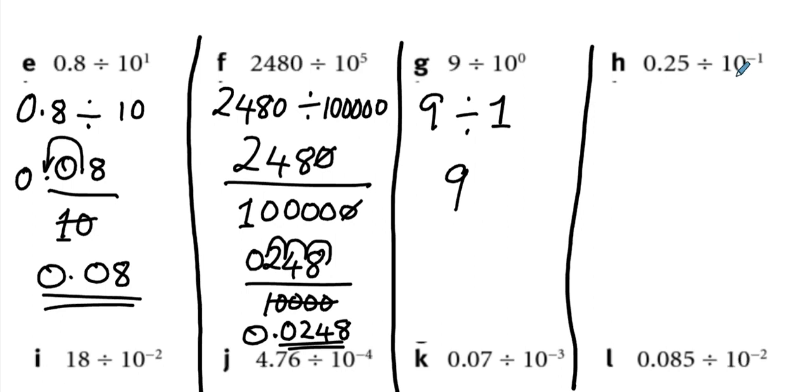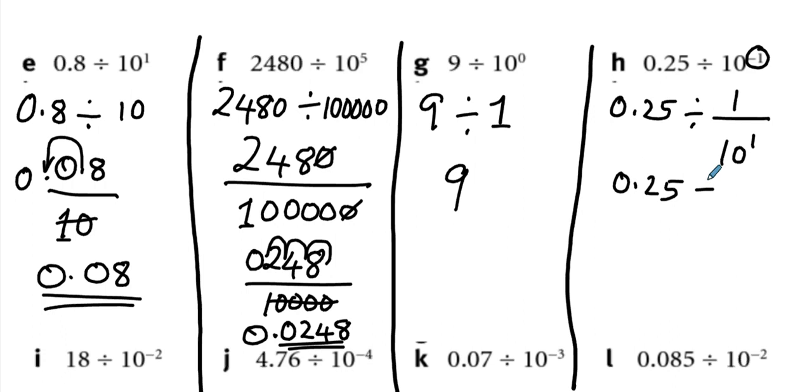All right, how about 10 power negative 1? We have 0.25 divided by 10 power negative 1. If you have a negative power, you do the reciprocal. This will be 10 to the power of 1. But any number to the power of 1 equals the same number. So this will be 0.25 divided by 1 over 10.